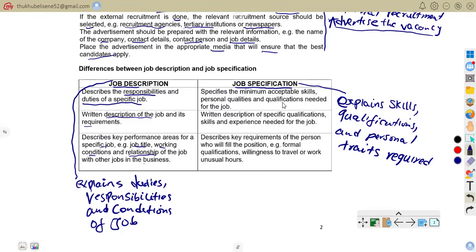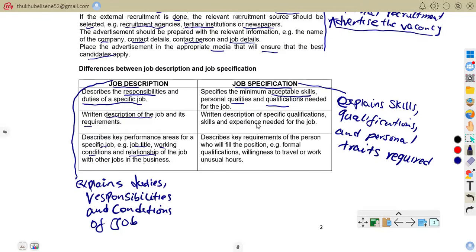For example, a driver must have a valid license. You see, that's a requirement. Must have two years of experience, and be reliable. That's when we're talking about job specification. It specifies the minimum acceptable skills, personal qualities, and qualifications needed for a job. It is a written specification of the qualifications, skills and experience needed for the job.